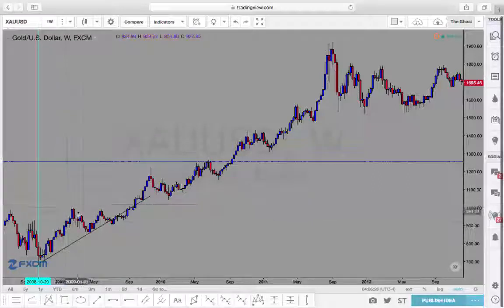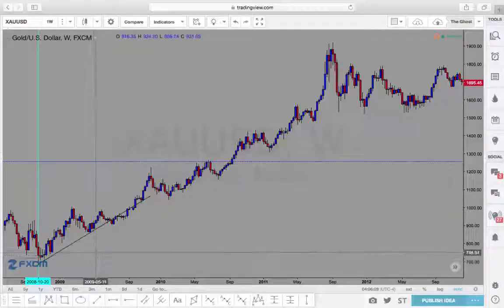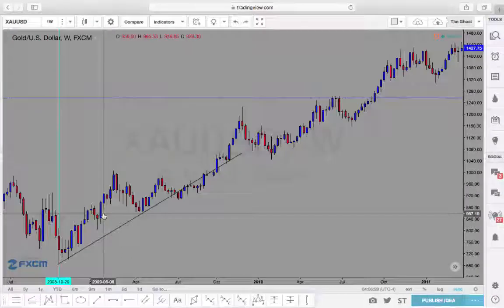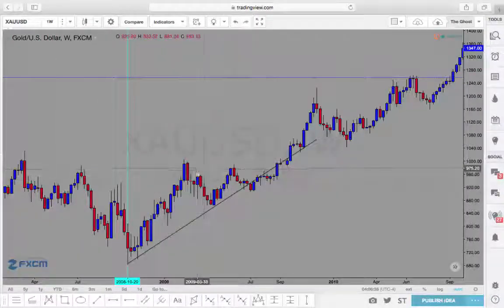Say you're back here in May 2009, and you drew it from right here. You see, we have probably a false break below. So we have a low, we have a high, and we have a bounce right here. We draw a trend line from here.